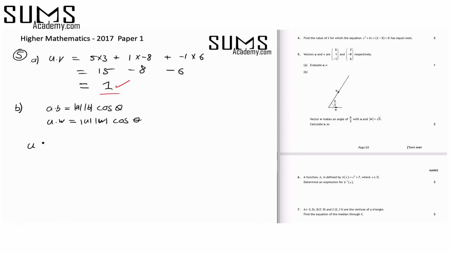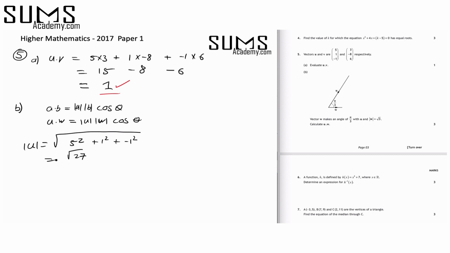The magnitude is just the square root of the squares of the components of the vector, which is 5 squared plus 1 squared plus minus 1 squared. So 25 plus 1 plus 1 equals root 27.